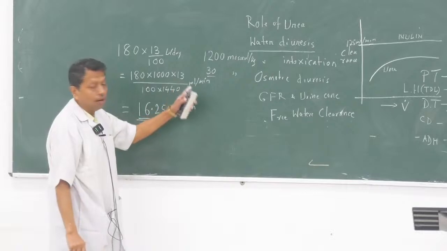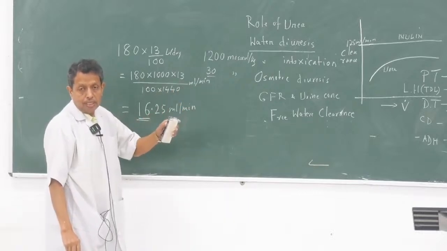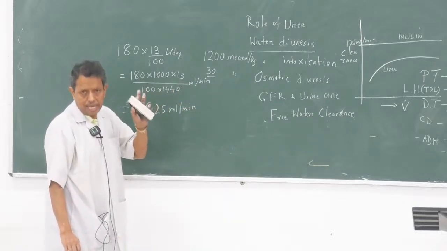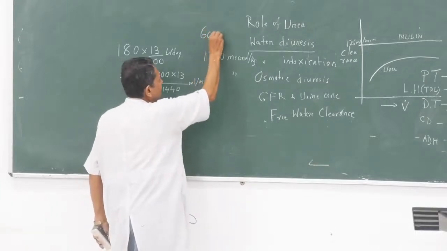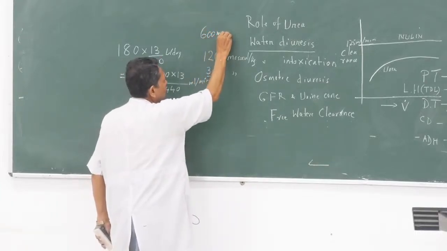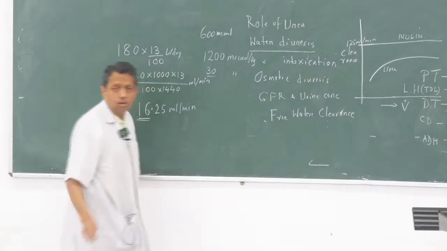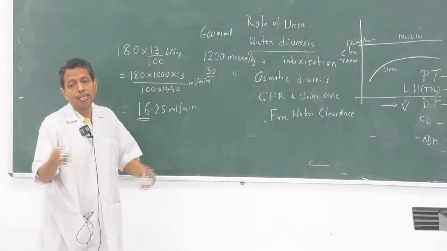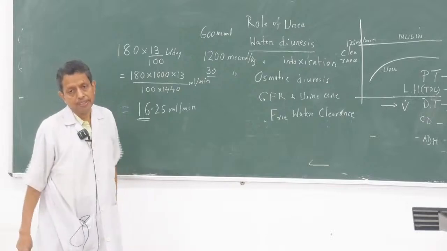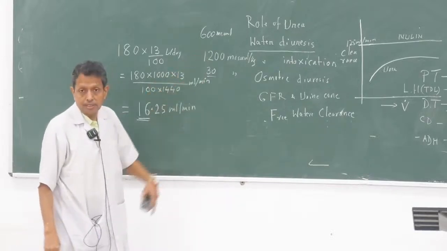And if the individual has to maintain health or homeostasis, he has to liberate 600 milliosmol. It includes all the osmotically active particles, electrolytes, non-electrolytes, excreta, whatever it may be, and he has to eliminate this.